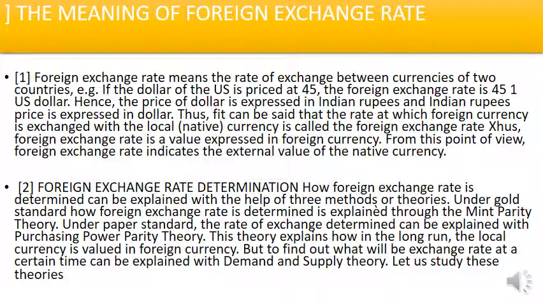As an example, the dollar of the US is priced at 45 rupees. The foreign exchange rate is 45 rupees per US dollar, which means $1 is equal to 45 rupees. Hence, the price of a dollar is expressed in Indian rupees, and the Indian rupee price is expressed in dollars.